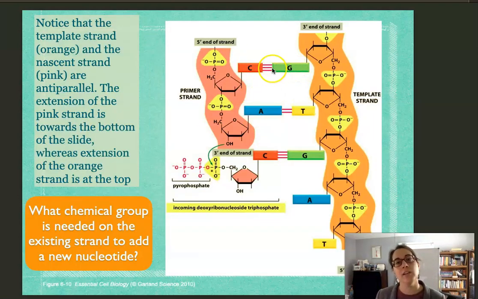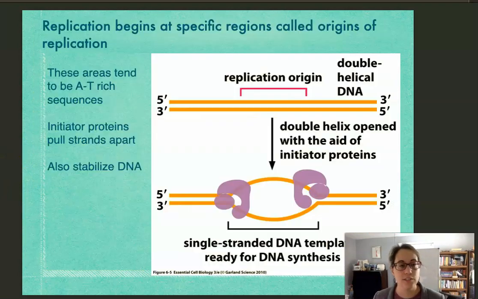And we see that again. The CG pair here has 3 hydrogen bonds, the AT pair has 2. And that always occurs whenever you have CG and AT. And so these origins of replication are high in AT pairs, and that makes them easier to pull apart.